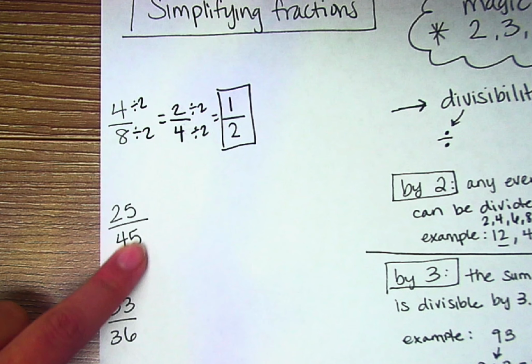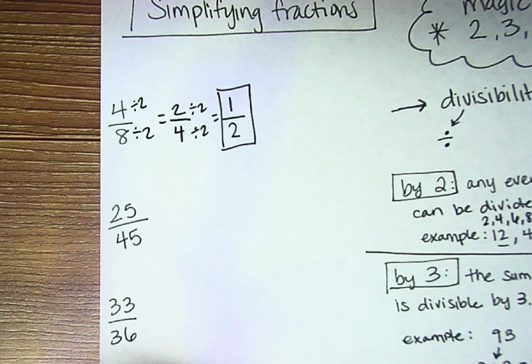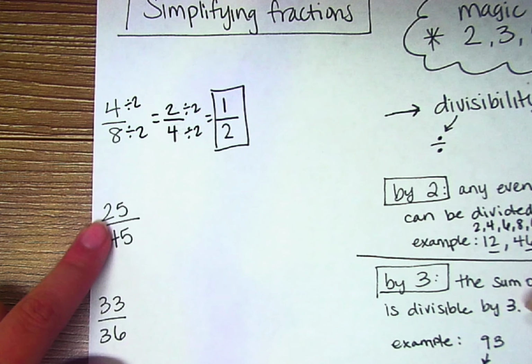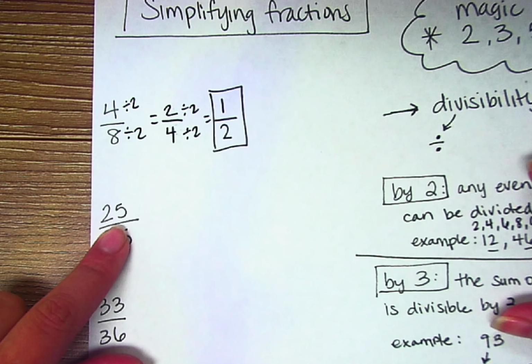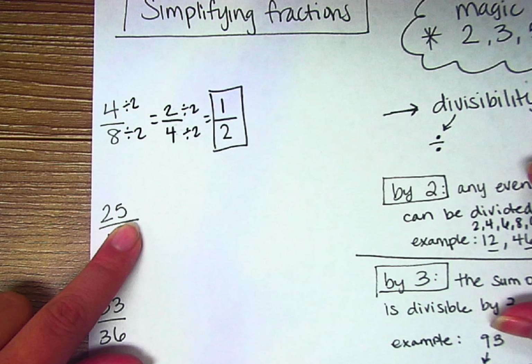The next one is 25 over 45. Okay, so when I'm choosing my magic numbers, I gotta remember my rules. So let's see, those are not even numbers. 3, let's see, 2 plus 5 is gonna give me 7.